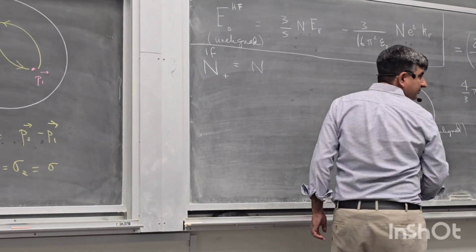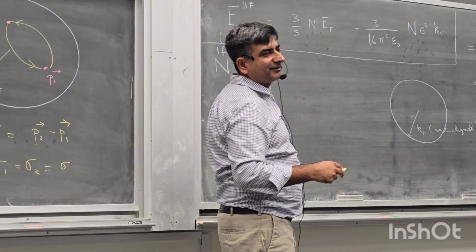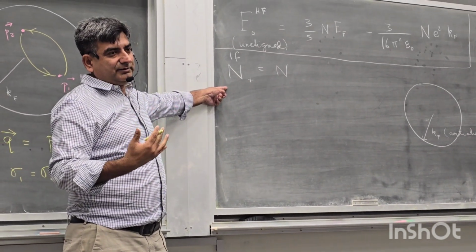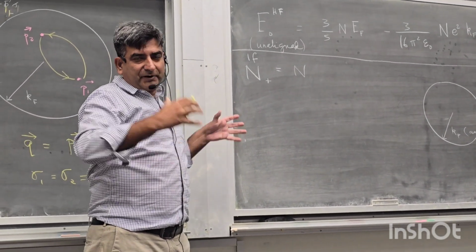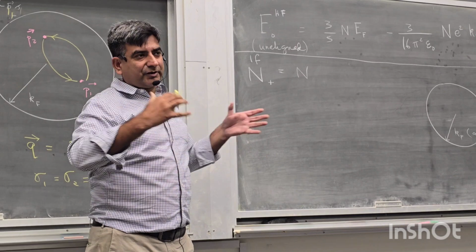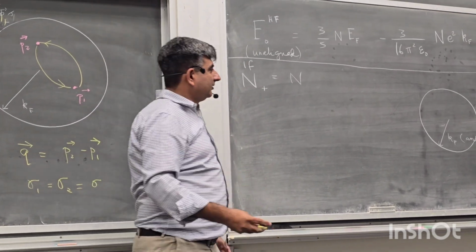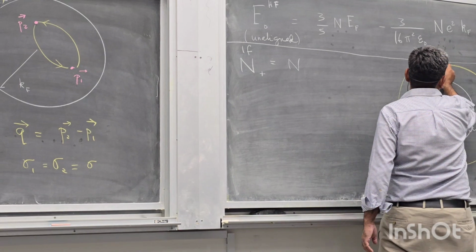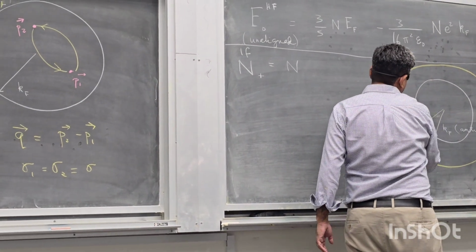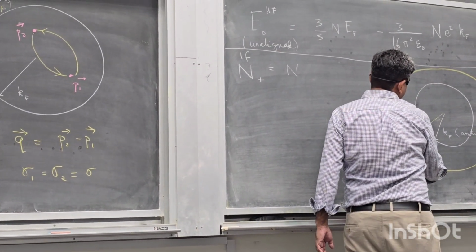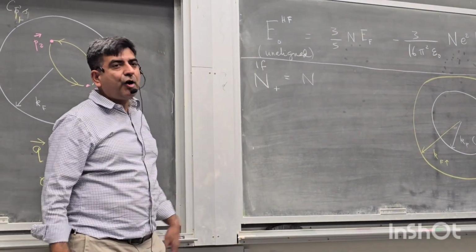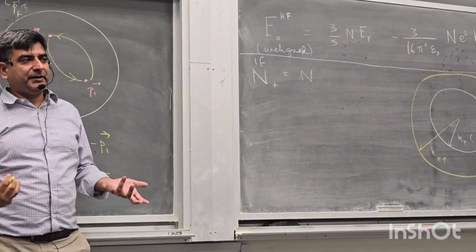Now if all the n spins are of one kind, the n plus spins, the Fermi volume is going to expand. It's not going to double, but it's going to expand. Okay, it's going to be bigger. Let's call this kF plus, kF up. How much bigger will it be?